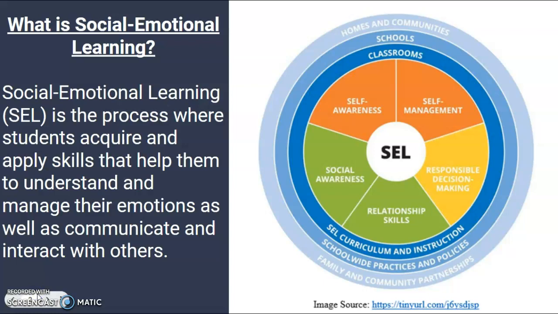According to CASEL's framework for social-emotional learning, the school, the home, and the community are involved in teaching students social skills. The 5 core competencies of social-emotional learning by CASEL are self-awareness, self-management, social awareness, responsible decision-making, and relationship skills.